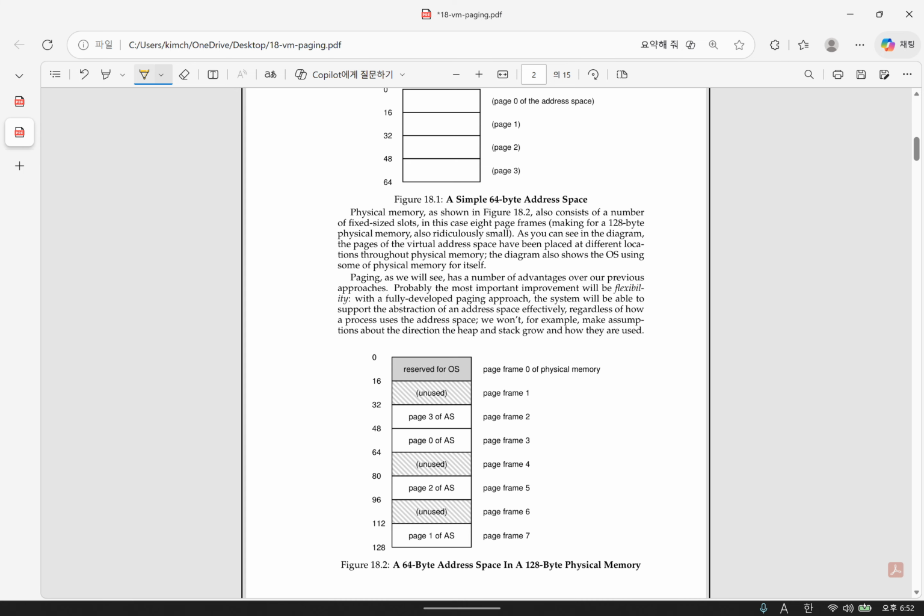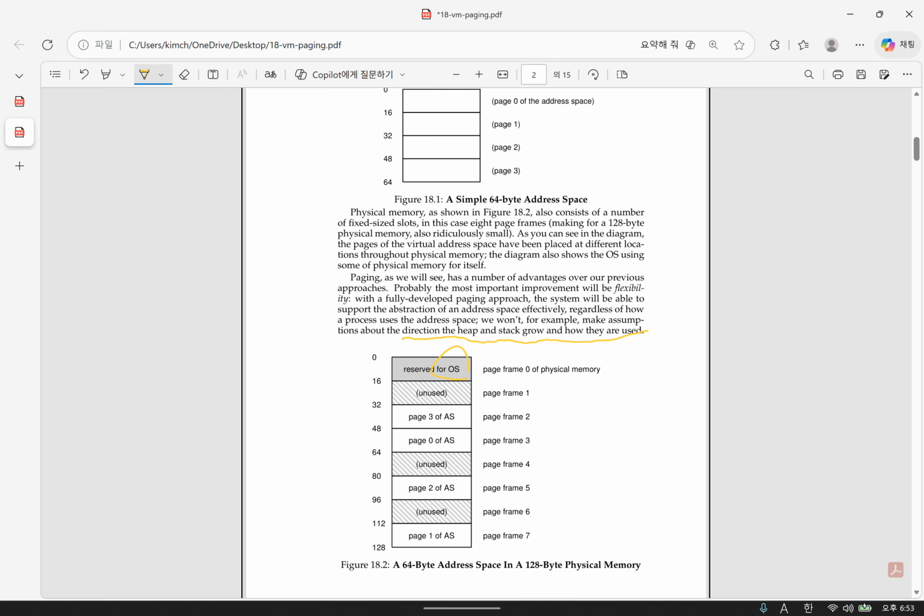And then of course in the physical memory, there must be space reserved for the OS. Before, when we used things like segmentation and base and bounds, we needed to make assumptions about the direction the heap and stack grow and how they are used.